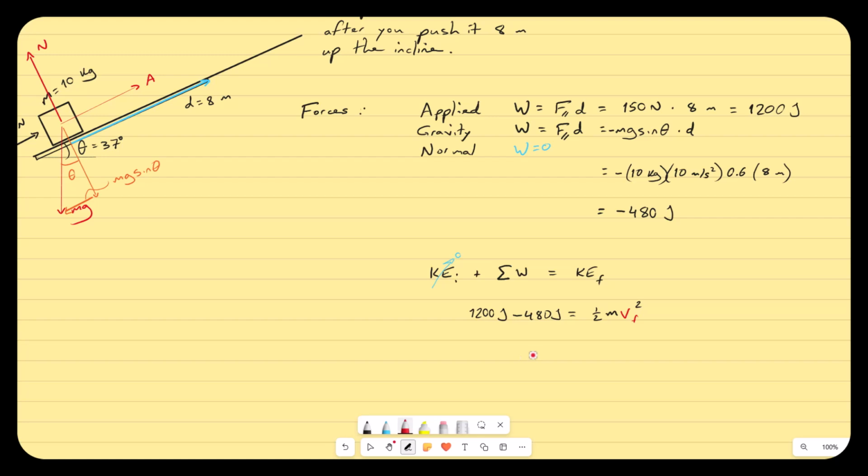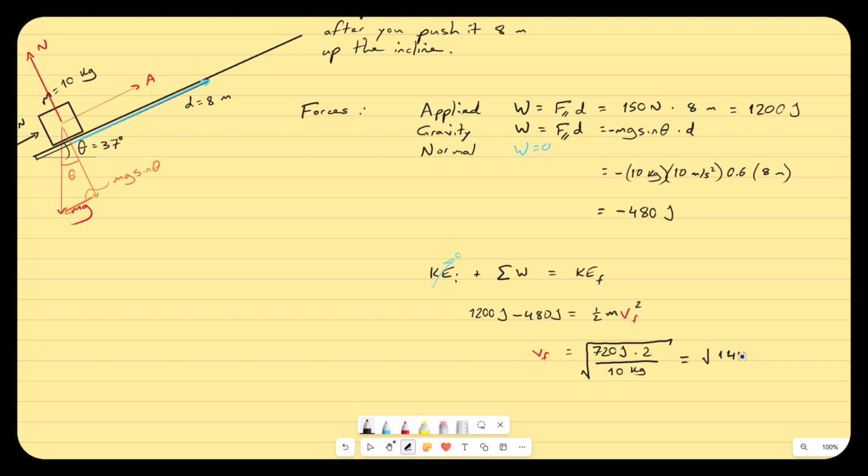I'm solving for v final. My v final is 1,200 minus 480 is 720 times 2 divided by the mass of 10 kilograms and take a square root. 720 times 2 is 1440 over 10 is 144.